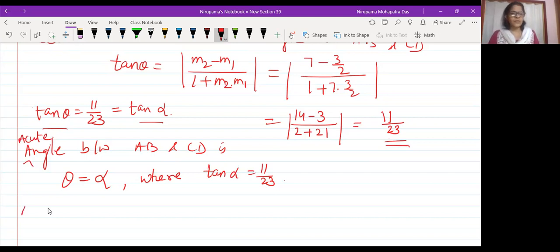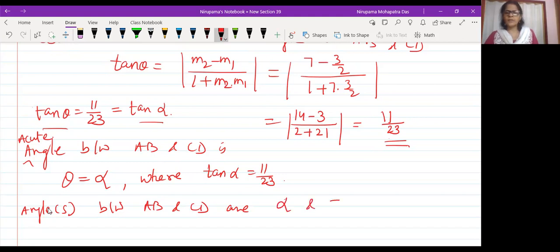So we can write here, acute and obtuse both we may take. The angles between AB and CD are alpha and pi minus alpha. Okay, so this should be the final answer where tan alpha equal to 11 by 23.